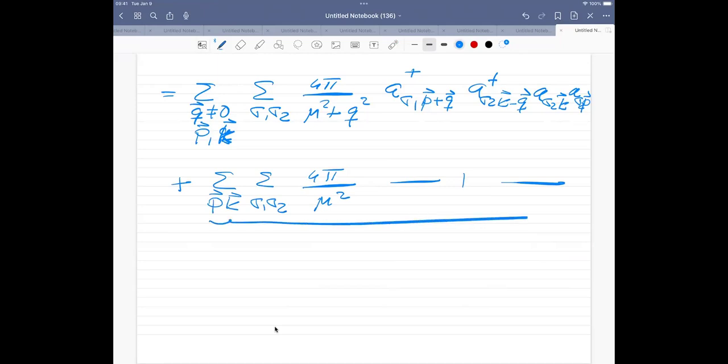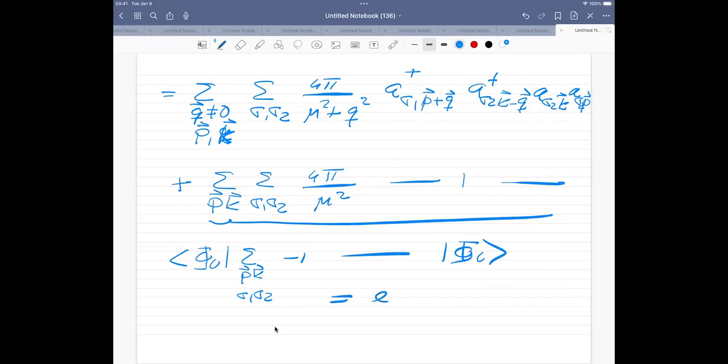When we calculate the expectation value of this specific term, you can actually show that this becomes equal to E squared times 4 pi, divided by 2 times the volume, divided by mu squared, and then I have an n squared minus n here.